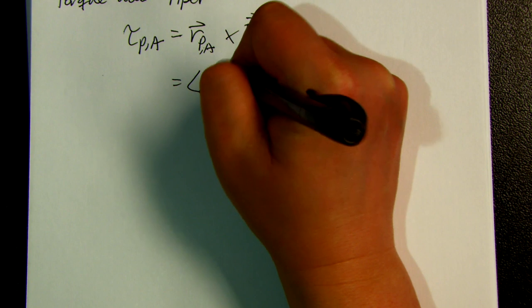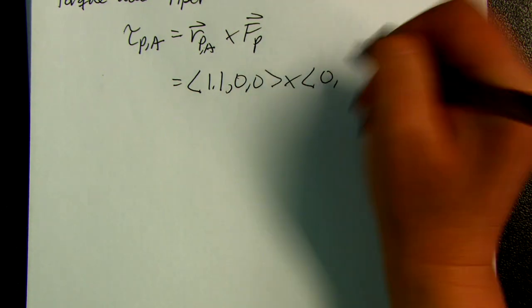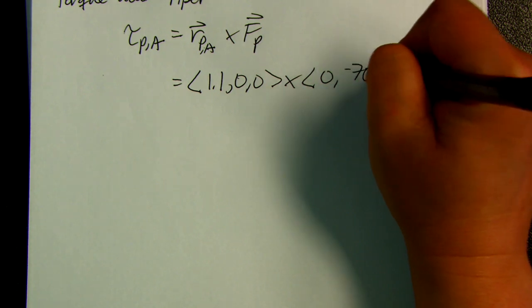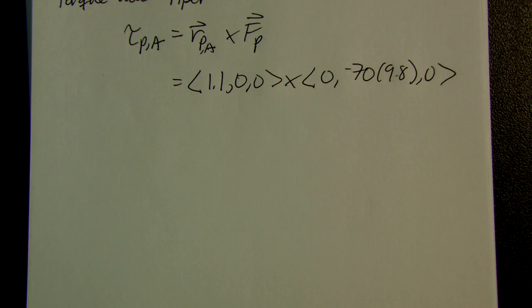So this is equal to 1.100 cross 0 minus 79.80. Pick your favorite way of doing a cross product. So you could do IJK, you could do the formulation, and then there's a couple other different ways to think about cross products or to solve them.